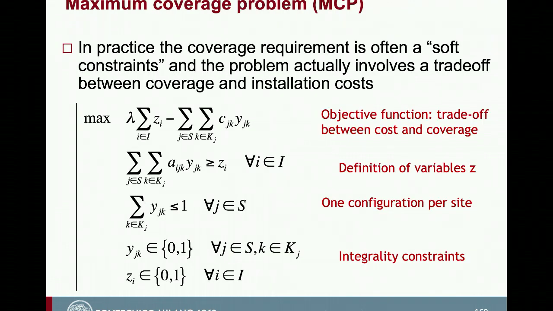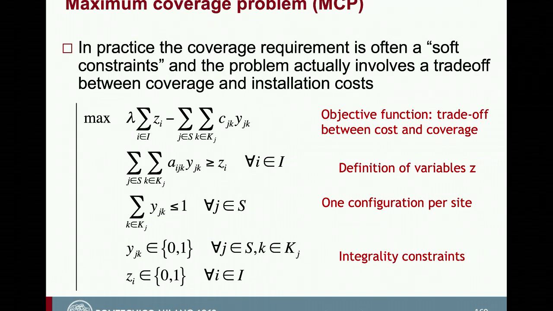Of course, the problem that we have been modeling is rather simplified. In particular, there are a number of cases in which the coverage of all the test points can be extremely critical. In particular, some of the test points may be in very difficult propagation conditions.